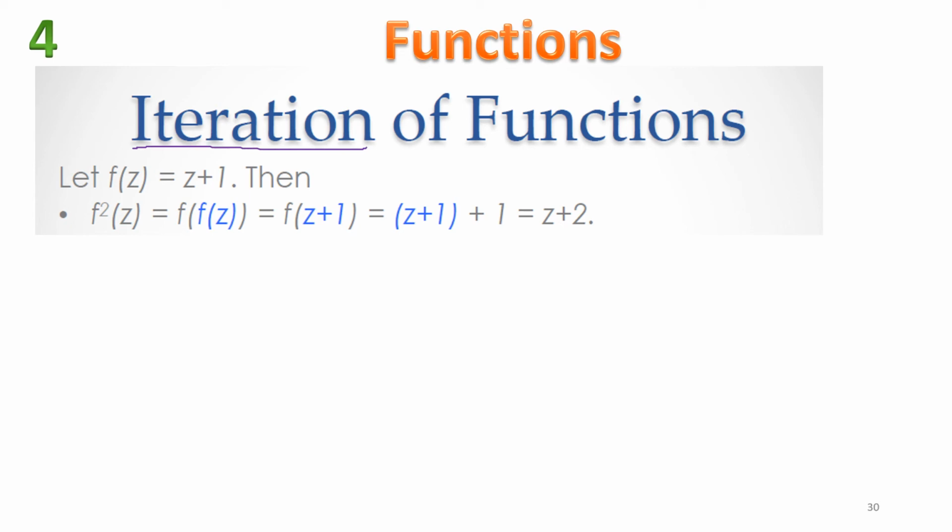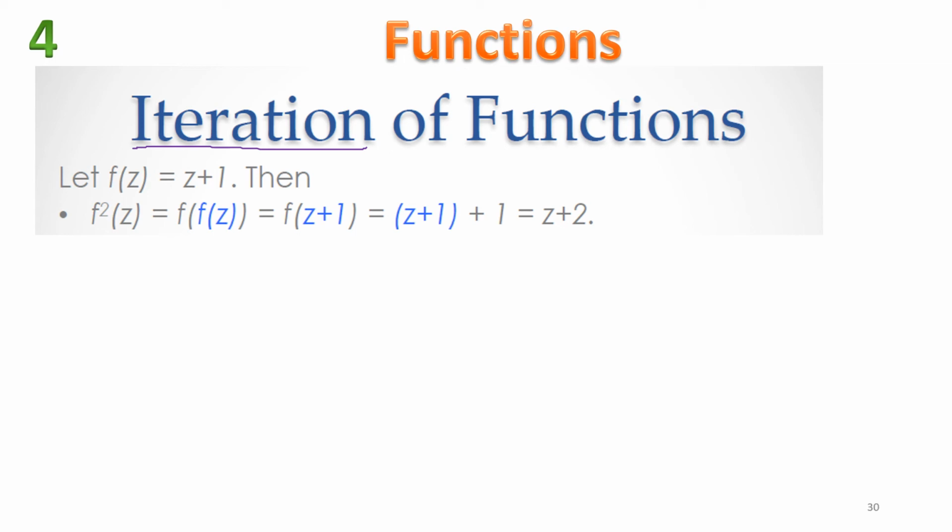Let us suppose that f of z is equal to z plus 1, a simple function. Then we define f square z. This is not the simple square that we are considering. I should say f2 z. That is f of f of z. This is called iteration.